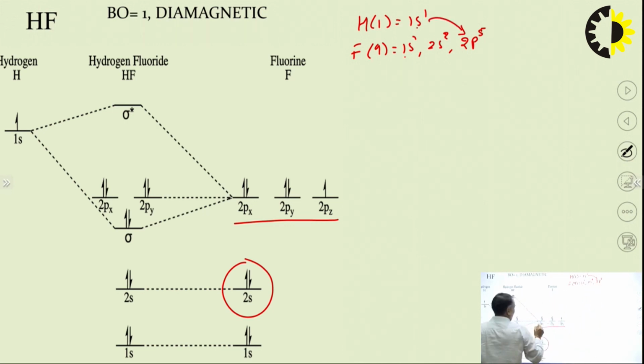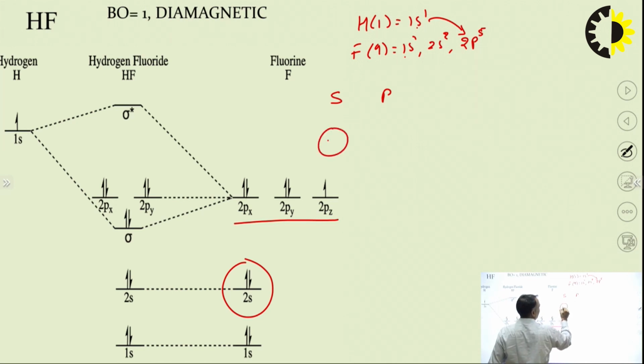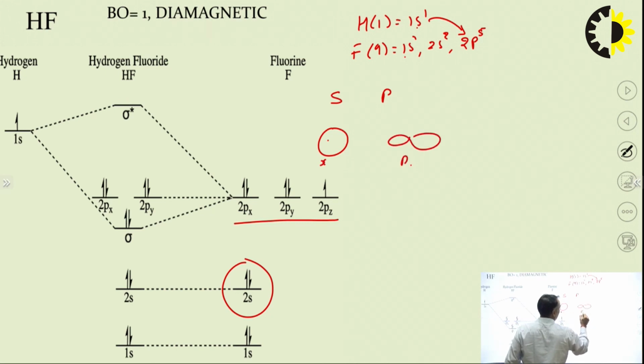So, when an s orbital and a p orbital are on the same axis, suppose this is the x axis and this is the px orbital, they will overlap. What happens? It will form a sigma bond.